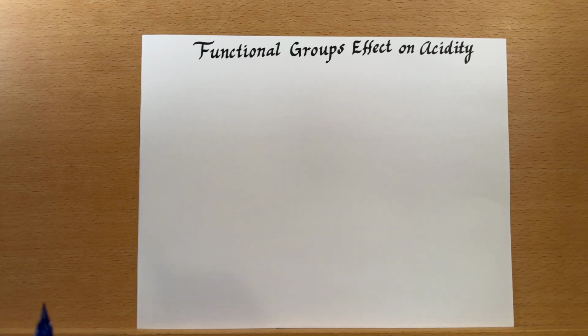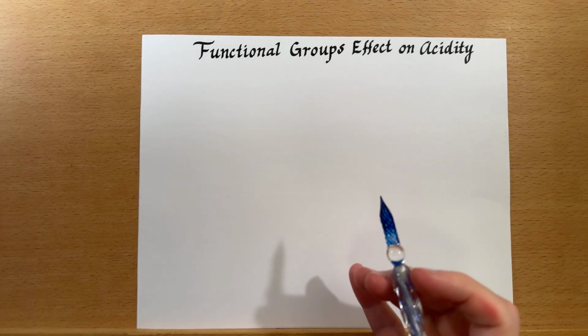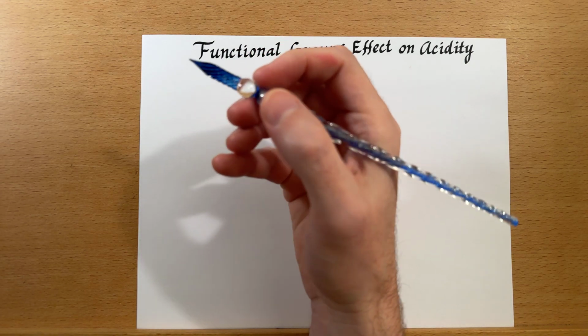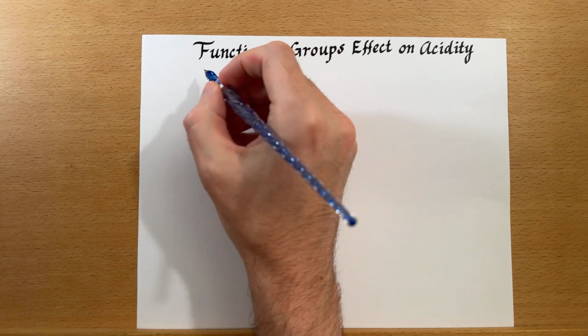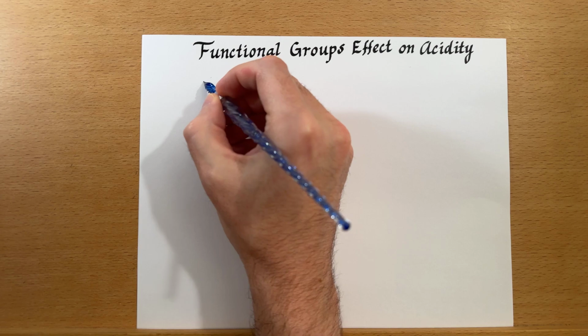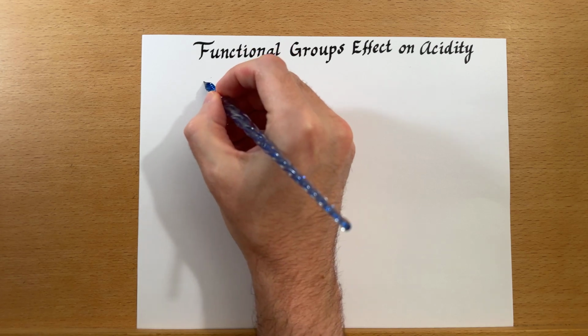Let's look at functional groups' effects on acidity. In a previous video, I talked about how carboxylic acids in particular have similar acidities to each other.